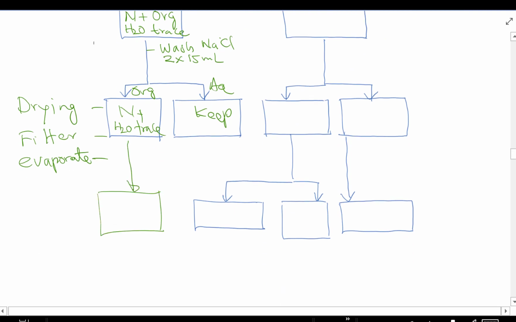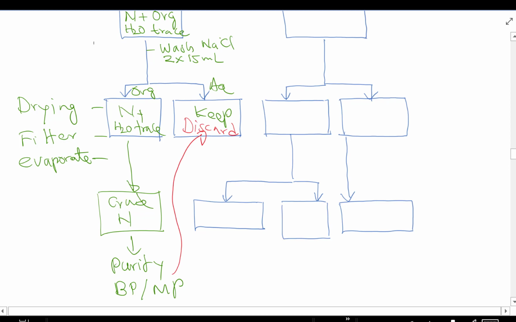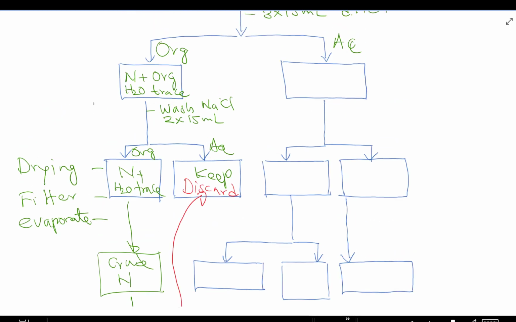So you have the crude neutral compound. You can purify, or you can just check the melting and boiling points, as instructed. So voila, if you have it, go back and discard the aqueous layer that we don't need.